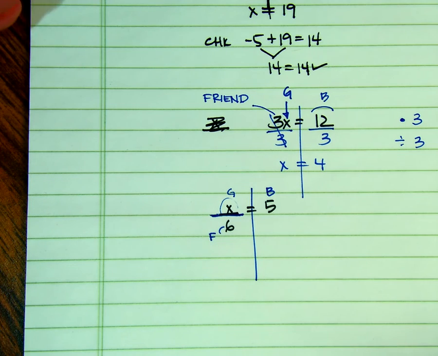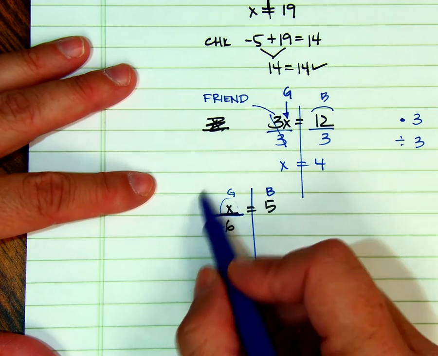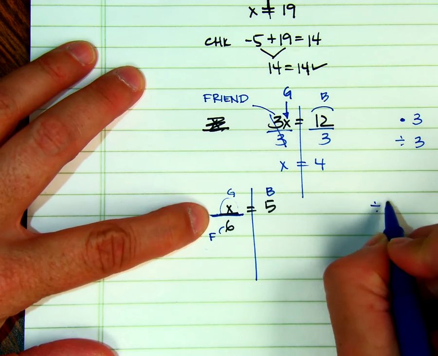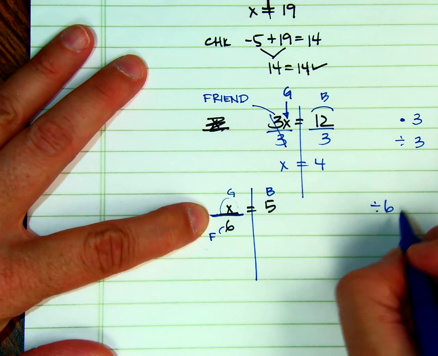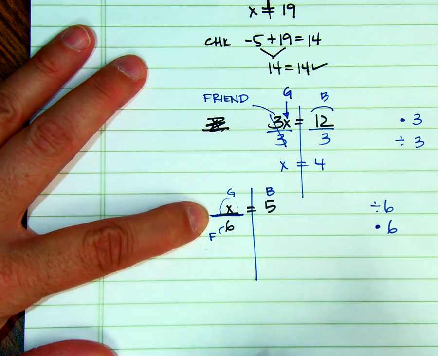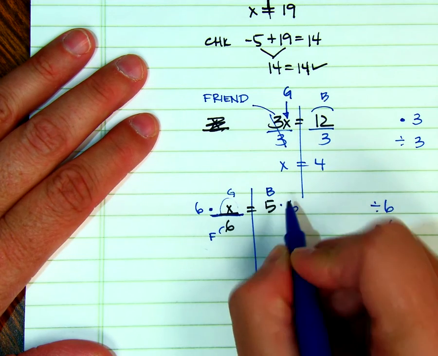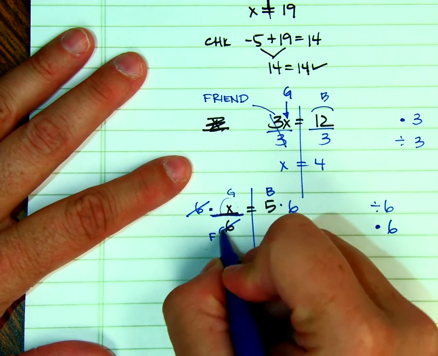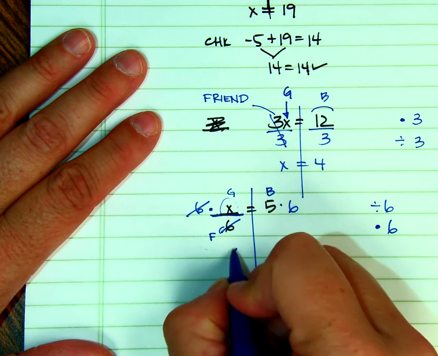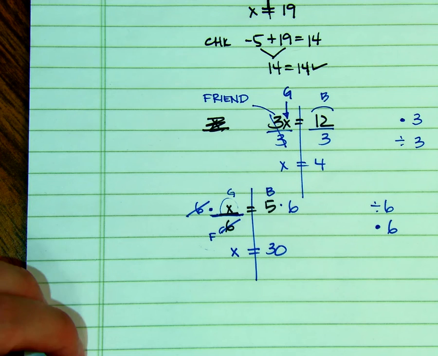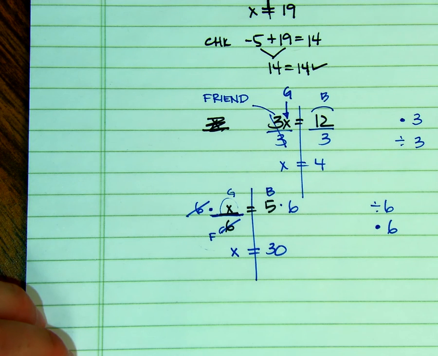So I need to get rid of the friend now, because I have no more bad guys on the same side. So right now I am dividing by 6. I need to multiply by 6. Multiply both sides. Those divide out, giving you a 1. So x equals 30. So there's the intro of good guys, bad guys, and friends.